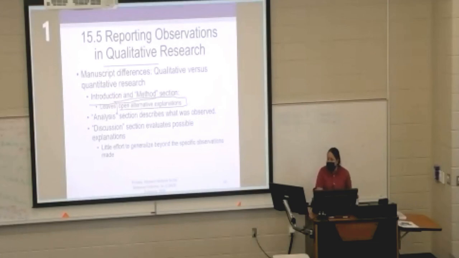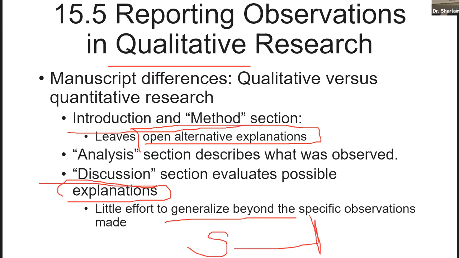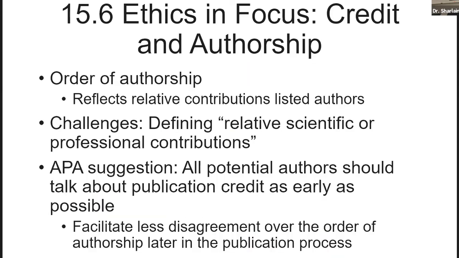In the analysis section, we're simply describing what I observed during that qualitative research. In the discussion, we're basically trying to provide explanations just like you would previously. However, we are not trying to generalize. We're not trying to see how my sample relates to that big population. I'm only trying to provide an explanation for that very specific group that I conducted my research for.